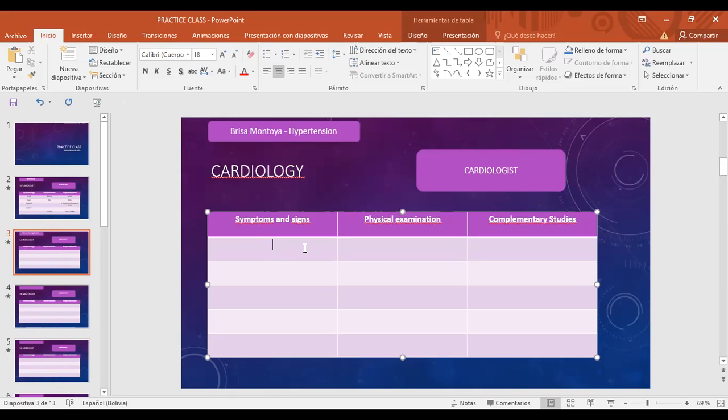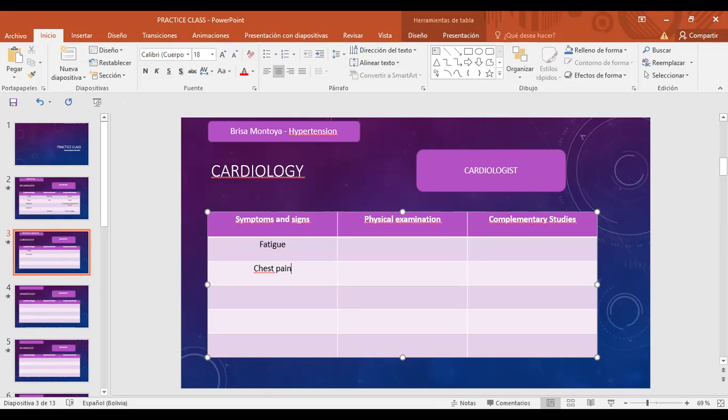Okay, could be. What would you call that symptom? Fatigue. Okay, like this, right? Yeah. What else would you find in a person with this diagnosis? It could be chest pain. Well, okay, let's write it down, like this, right?